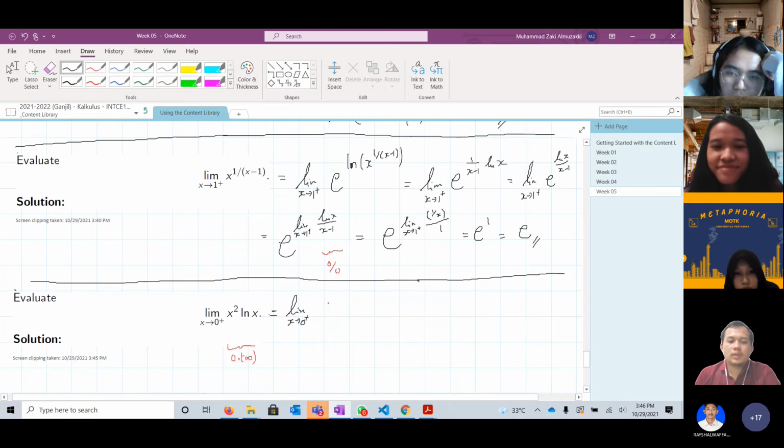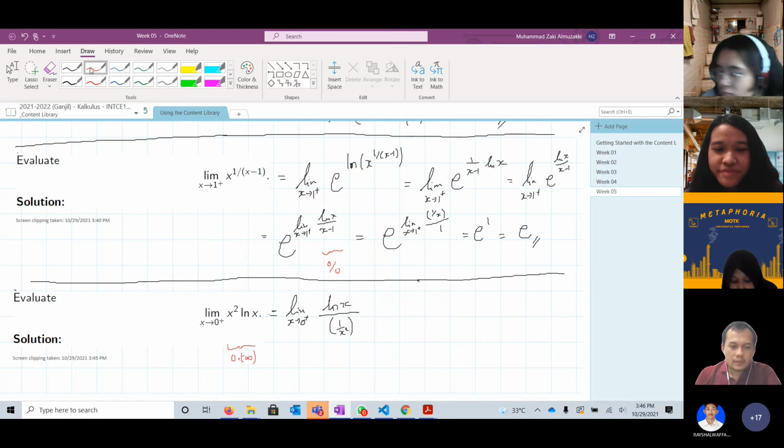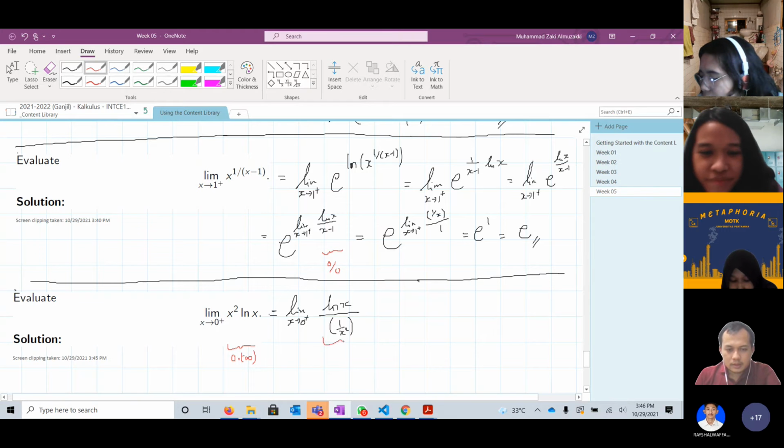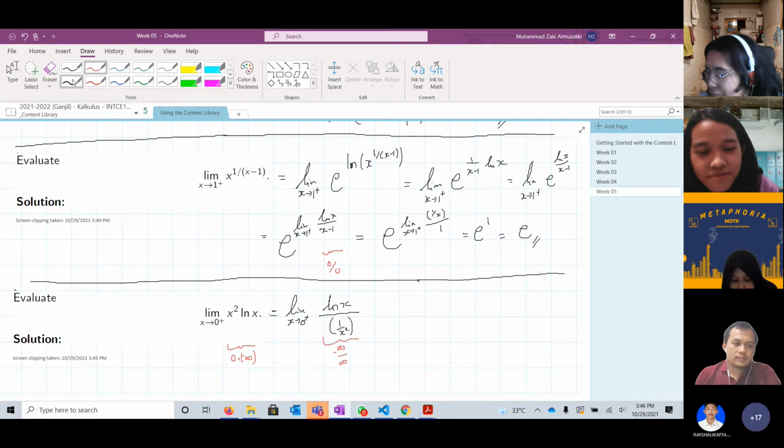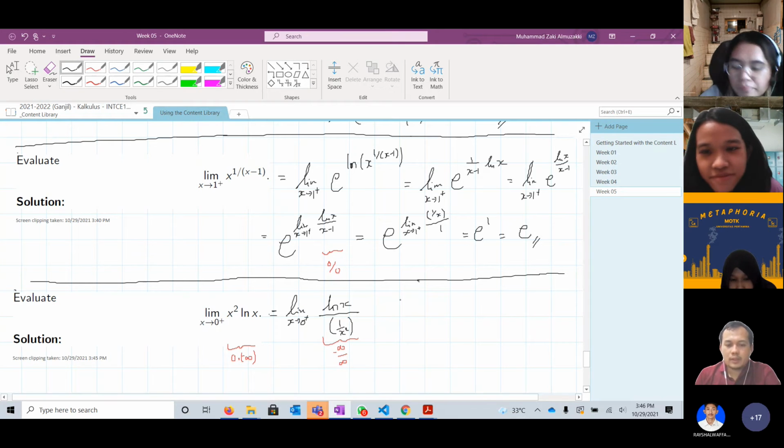So in this case, we make it like this, ln x over 1 over x squared. Now what we have is negative infinity over infinity. So now we can apply L'Hopital's rule.